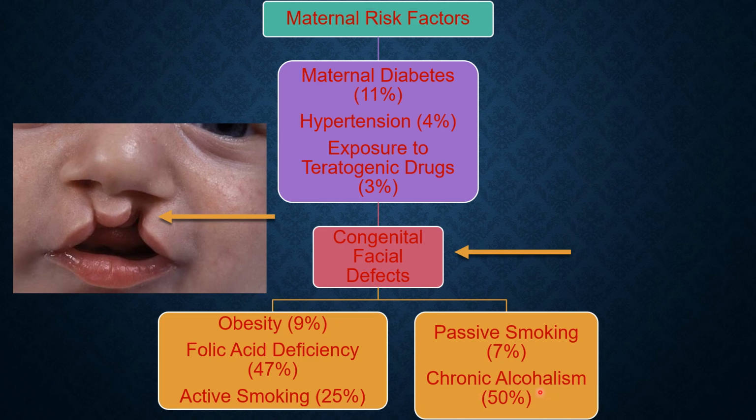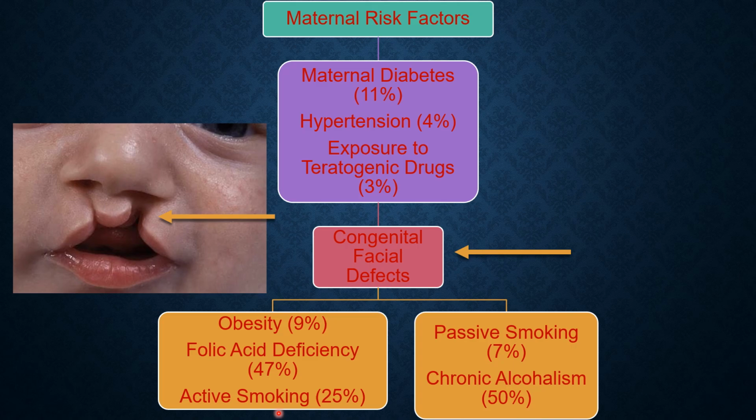Chronic alcoholism means the pregnant woman is consuming alcohol for a very long time. 50% of the women suffering from that have a baby with such congenital facial defect. After that, folic acid deficiency or vitamin B12 deficiency. 47% of the women are taking a diet lacking in vitamin B12, so there are chances of having a baby with congenital facial defect.